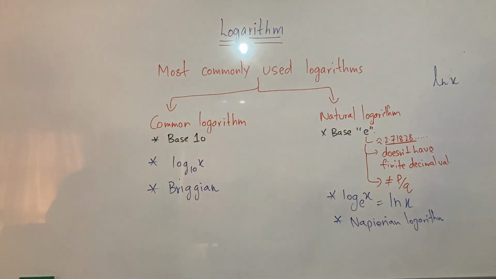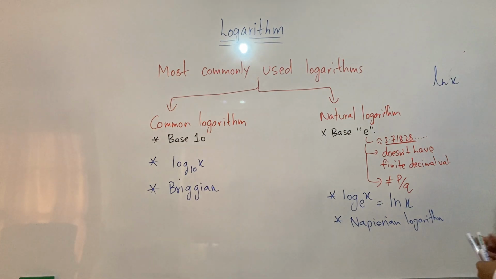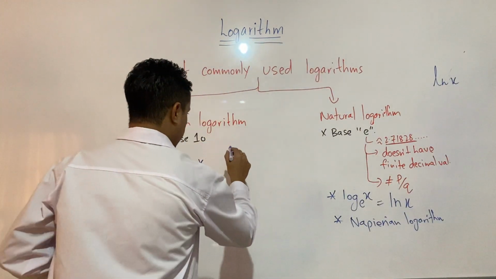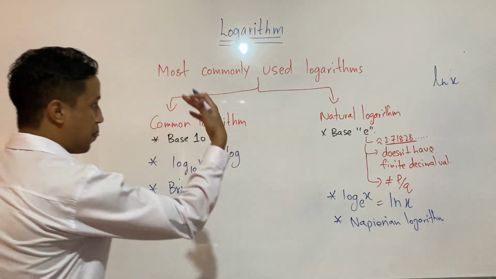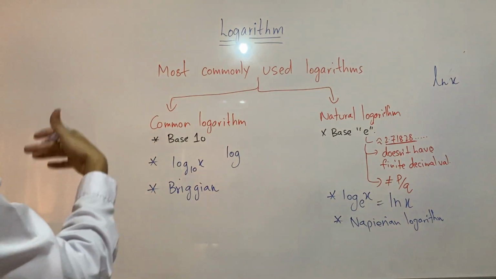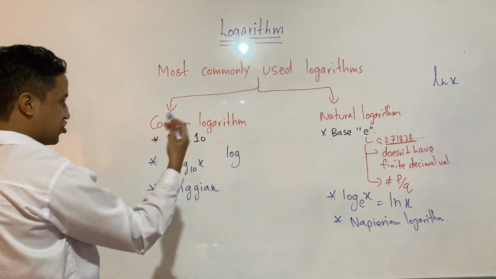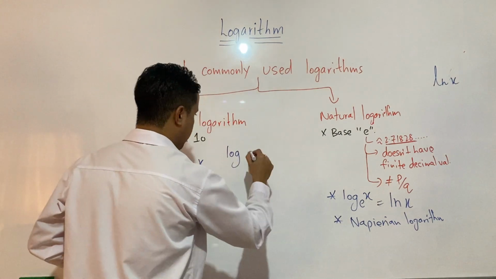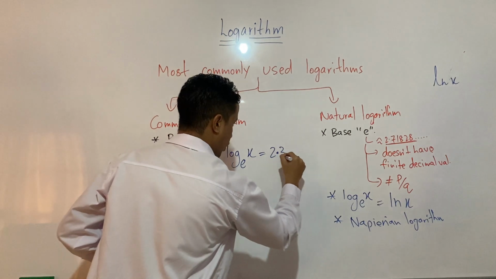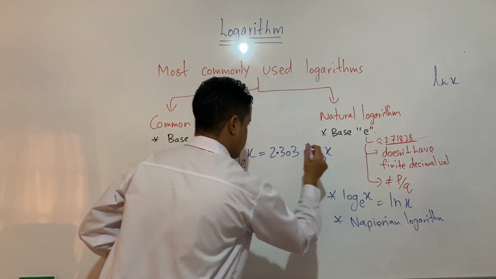Now there is one more thing here, that is the relationship between your natural logarithm and common logarithm. The relationship is that log of x to the base e is equal to 2.303 log of x to the base 10.